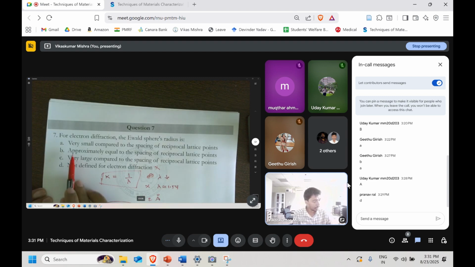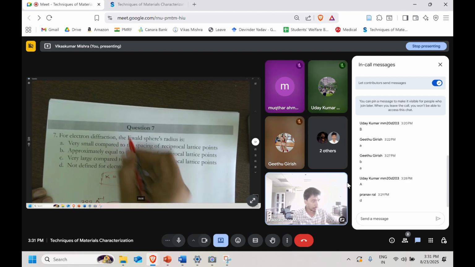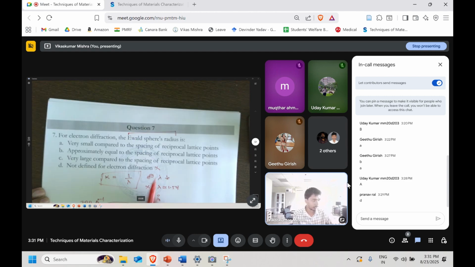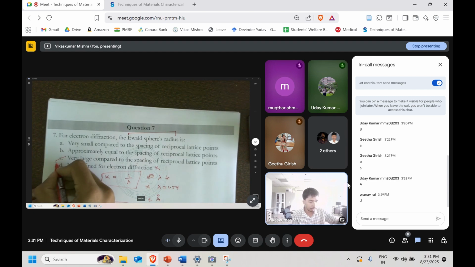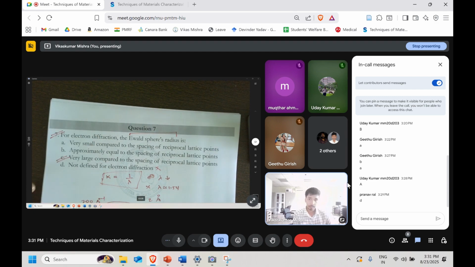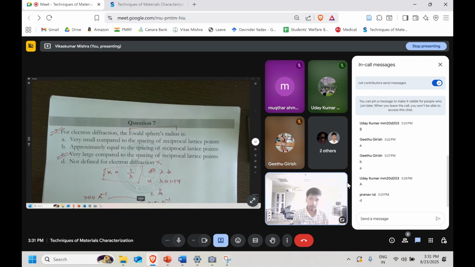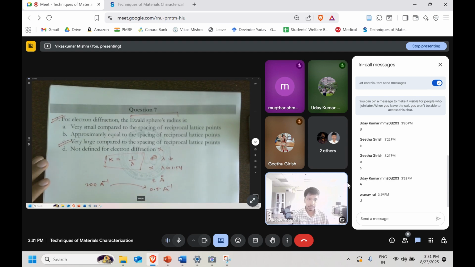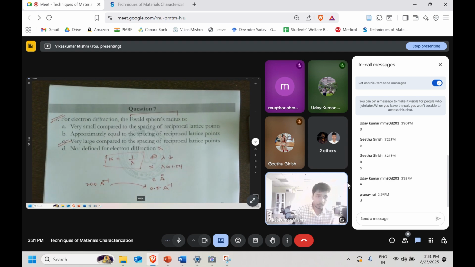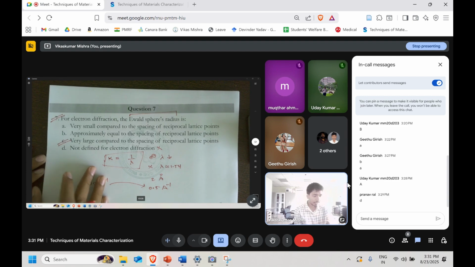So the Ewald sphere will be very large compared to the spacing of the reciprocal lattice points. The right answer is option C. Any doubt in this, guys? Let me know. Okay, since there is no doubt, let's move to the next question.